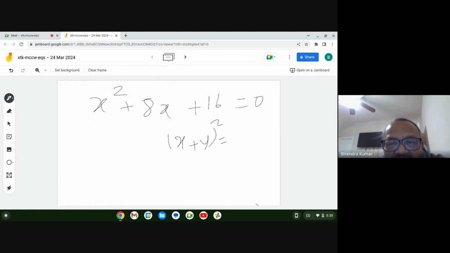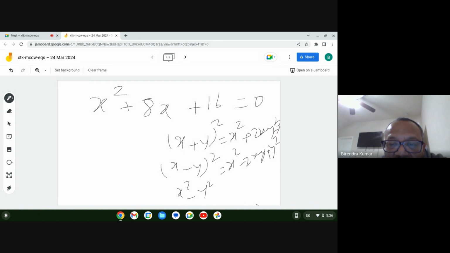One is (x plus y) whole square, one is (x minus y) whole square, and another is x square minus y square. This one is x square plus 2xy plus y square. (x minus y) whole square has x square minus 2xy, so there's one negative in between, plus y square. And this is (x plus y) into (x minus y).